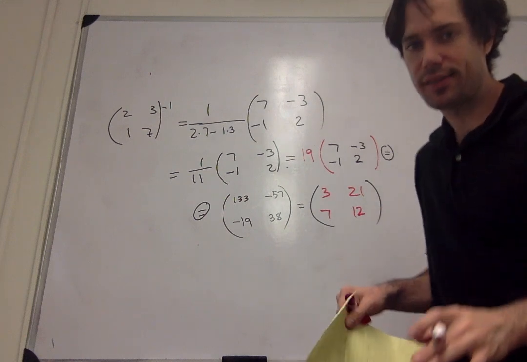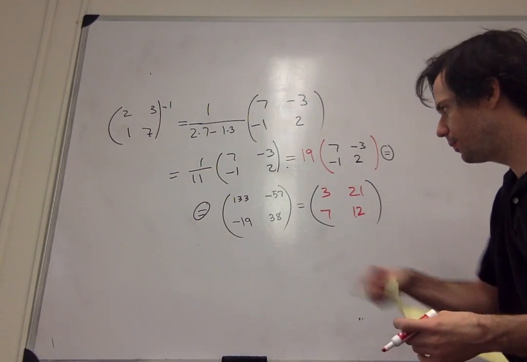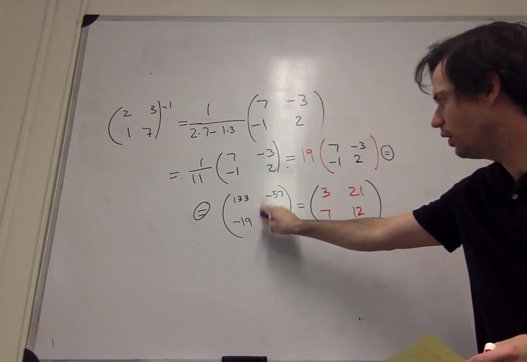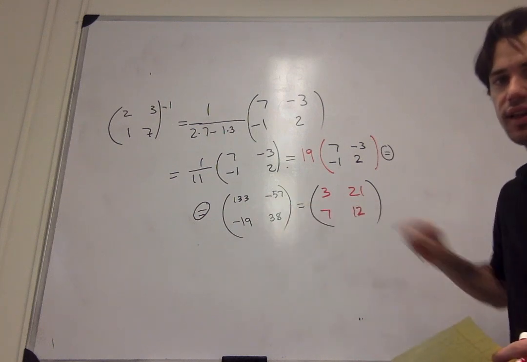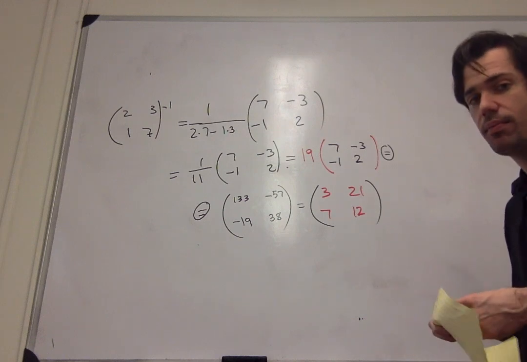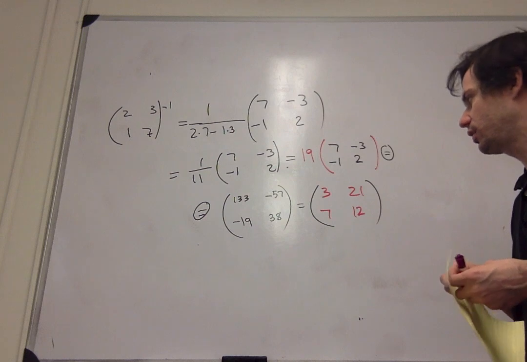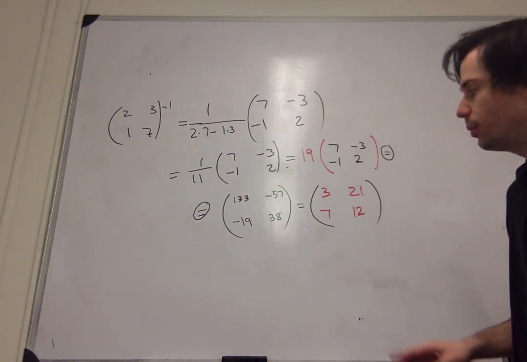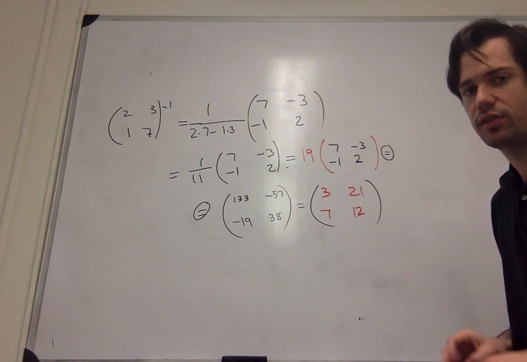If this does not make sense, this step right here, this equal sign, if you cannot go from here to here, you need to review your basic modular arithmetic, okay? And if you have a question about that, we can discuss it tomorrow, but basically it's clocks, right?